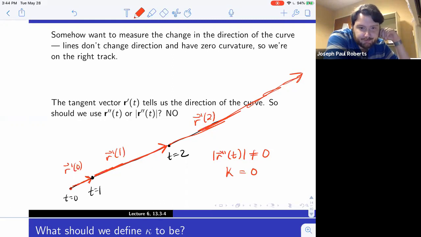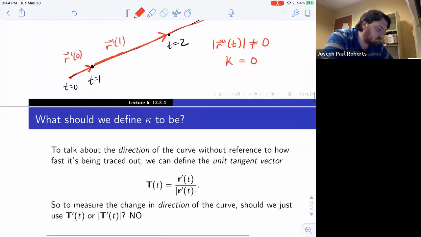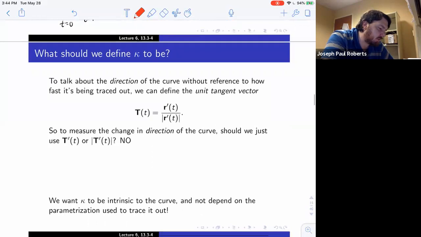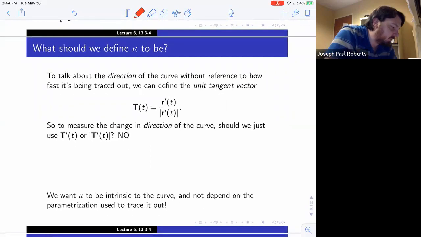Okay. So what else could we use? Something we could do is try and take out the length of these tangent vectors. The book in section 13.2 talks about something called the unit tangent vector.